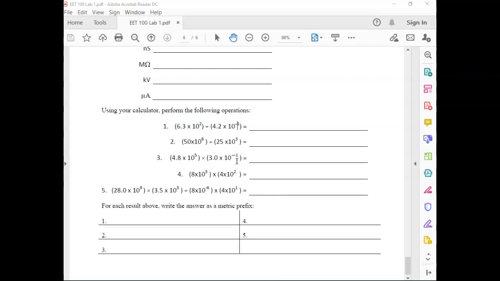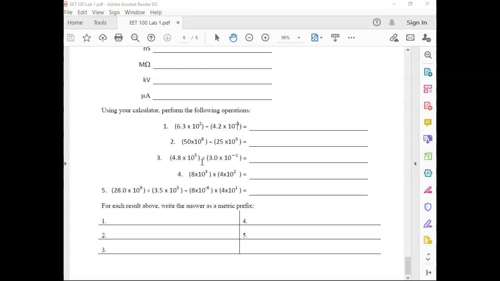What about number 3? This time we're multiplying instead of dividing, so what does that mean? We're adding exponents. So again, just like we did with divide, you're going to pull out your numbers, and then you pull your exponents separately.